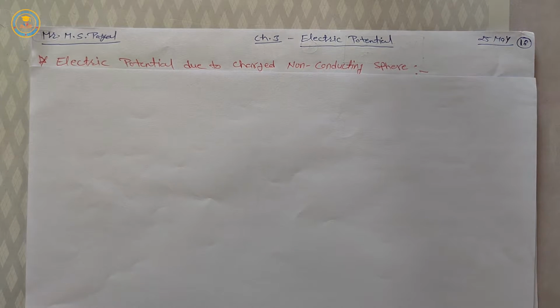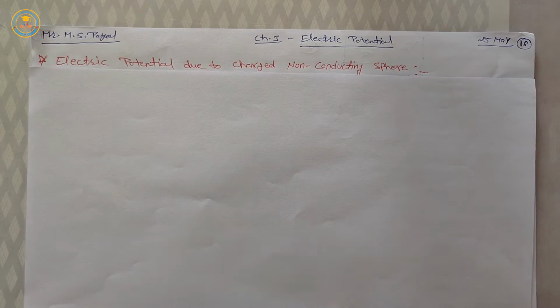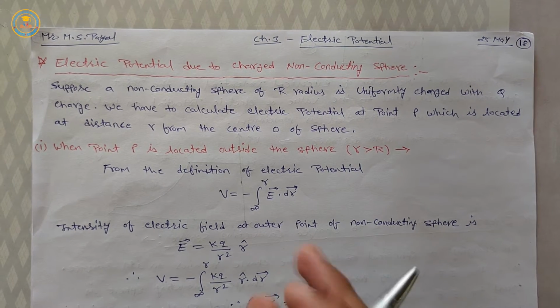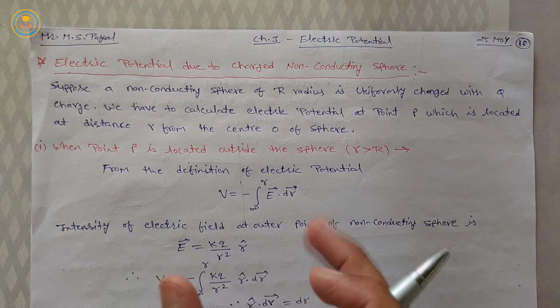The basic difference between a charged conducting sphere and a non-conducting sphere: when some charge is applied to a conductor shell, the charge is spread out equally over its outer surface.